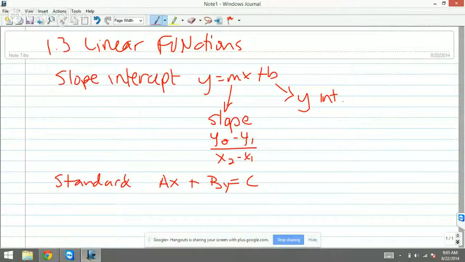Two ways to find slope here, right? Most of you probably solve for y. You can solve for y and get y equals, so you can use the top one. Or you can do this.